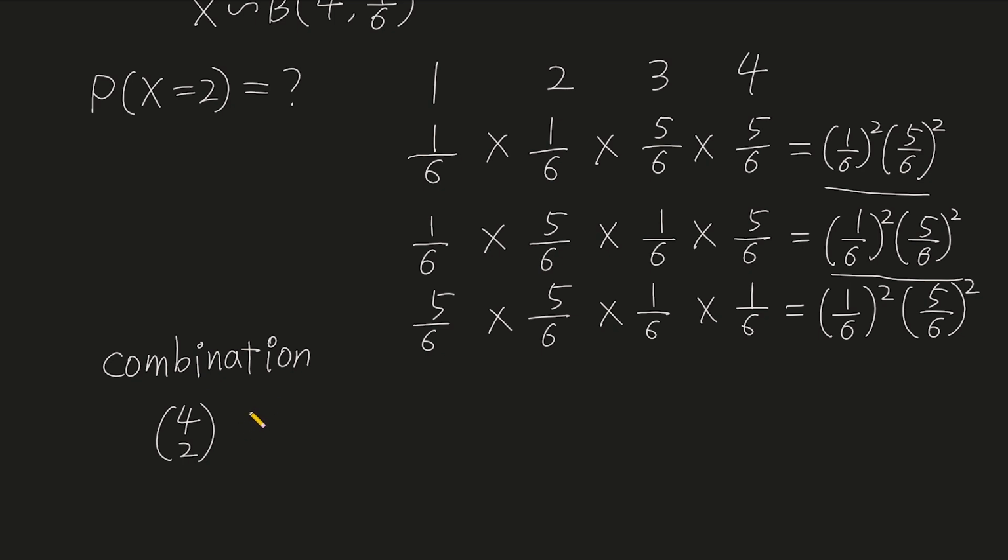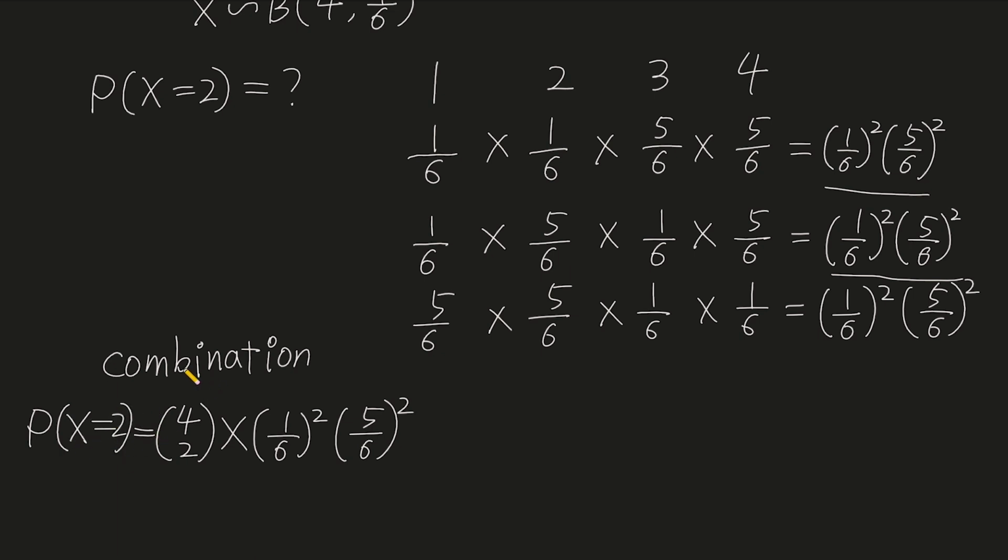In each way, we let number 5 appear in the 2 experiments we choose, and let other numbers appear in the remaining 2. The probability of each way is 1 over 6 squared multiplied by 5 over 6 squared. We multiply these 2 parts. So this is the probability that the random variable equals 2.